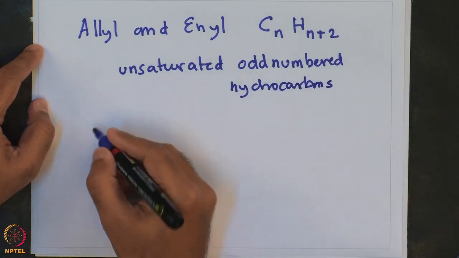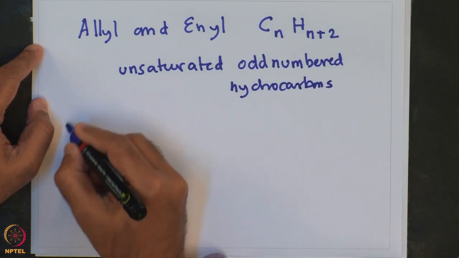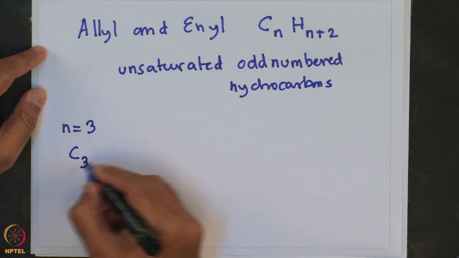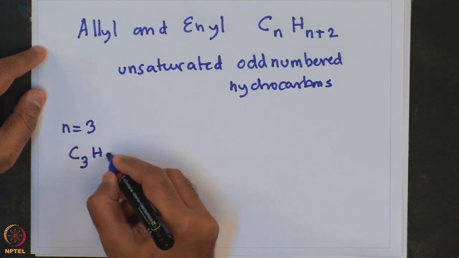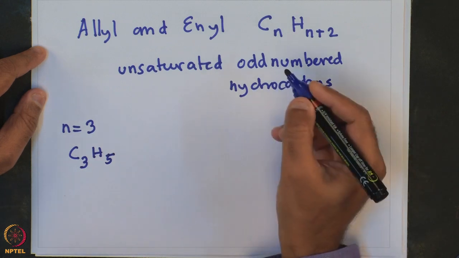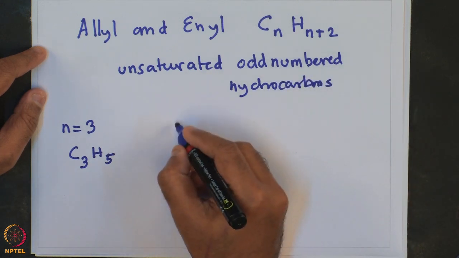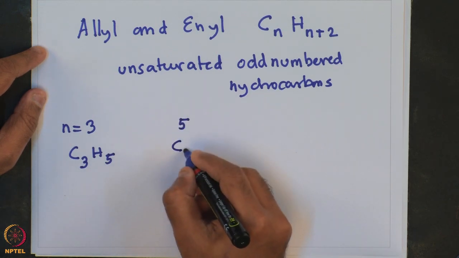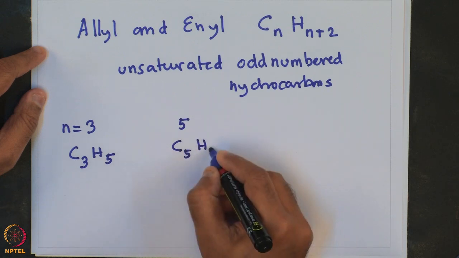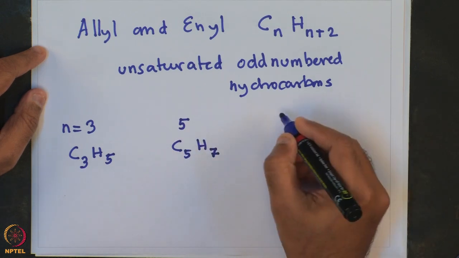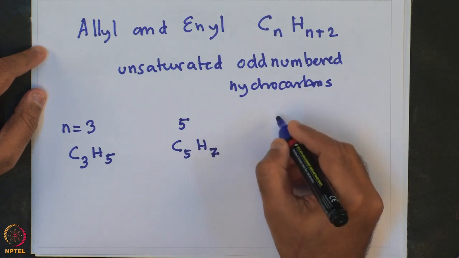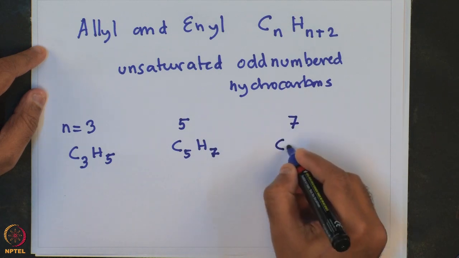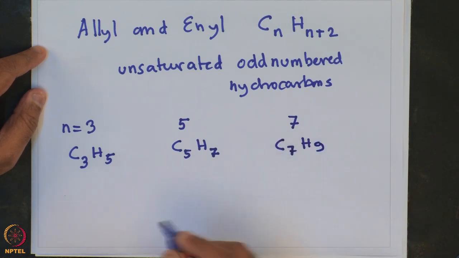So that means, for example, n can be 3, so C3H5; n can be 5, so that is C5H7; n can be 7, so that means this is C7H9.